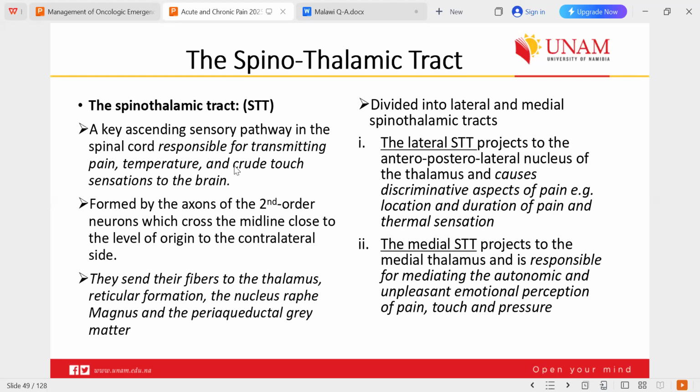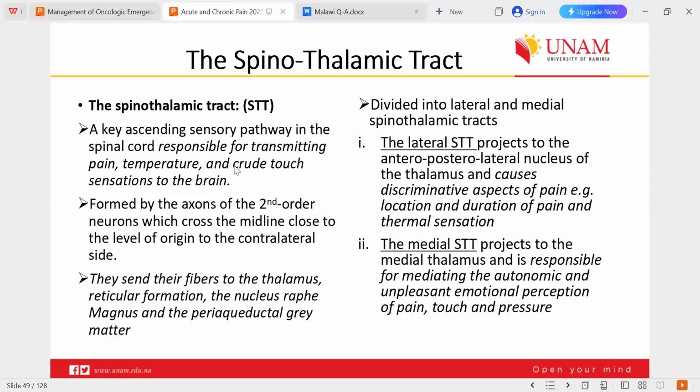So these strands send fibers to the thalamus, the reticular formation, the nucleus raphe, and the periaqueductal gray matter. Okay, always remember that they are divided into the lateral and the medial spinothalamic tract.